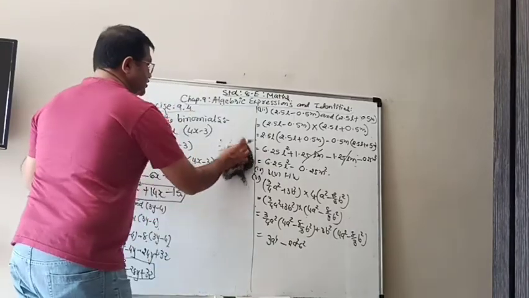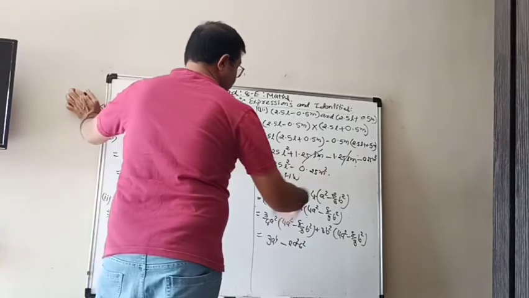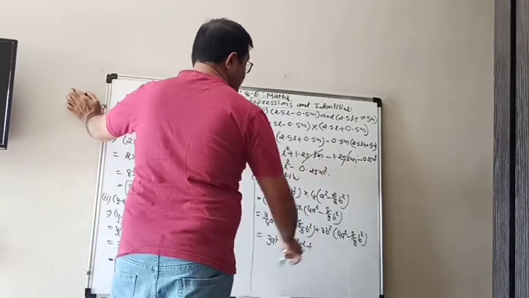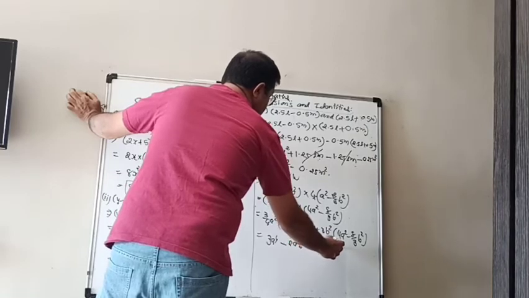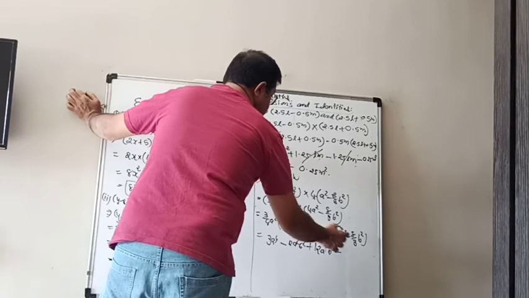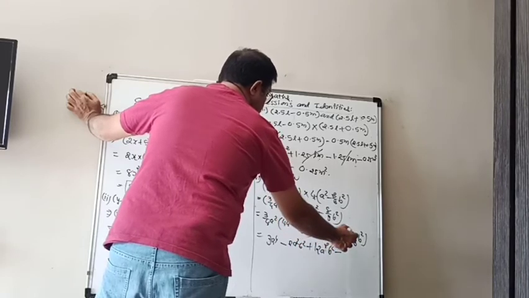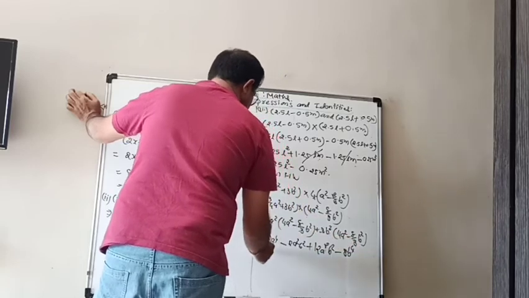You can do this verbally if you can, otherwise you can do it yourself in rough. 3 into 4, 3 4s are 12 a square b square, and minus 3 into 8 by 3, the 3s cancel. So 8 b square into b square is b raised to 4.